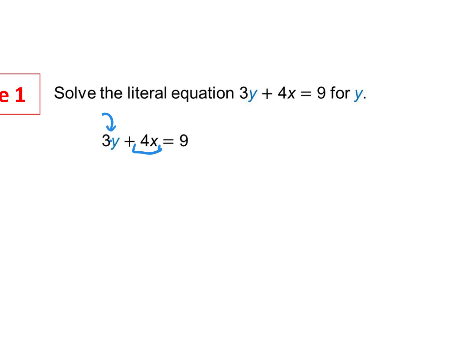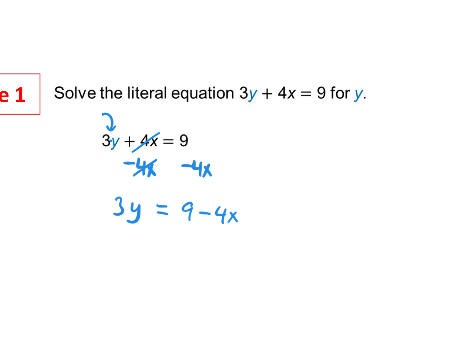So let's do our inverse operations, and let's do order of operations backwards. Let's take care of any addition and subtraction first. So let's subtract 4x on both sides. So far we have 3y, and then 4x minus 4x goes away, and then equals 9 minus 4x.